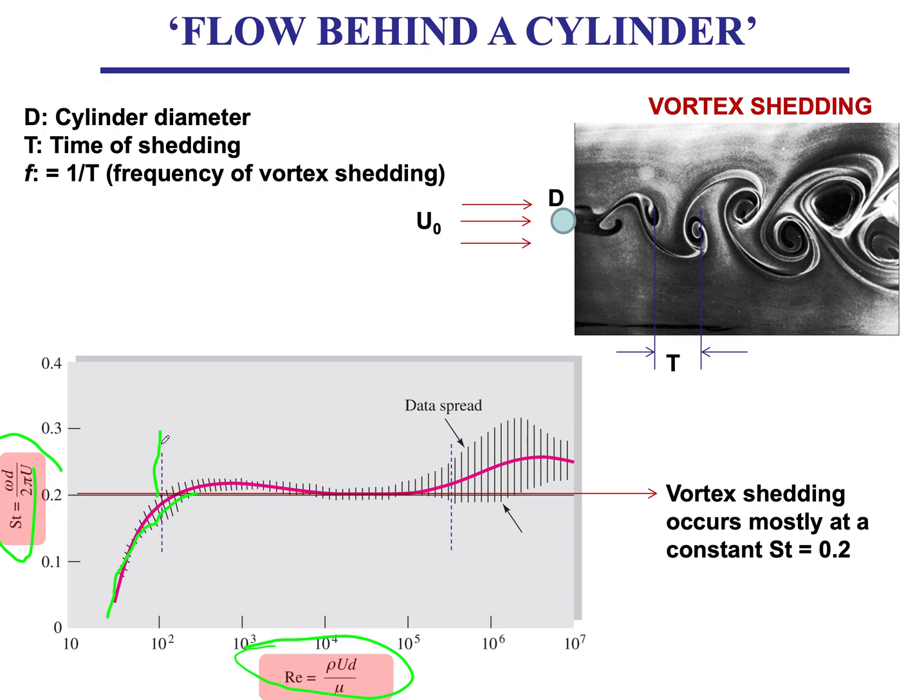But you see, once you get to a Reynolds number of 100, which is pretty much 2 orders of magnitude larger than 1, the effect of inertia is much larger than viscosity. The Strouhal number becomes almost constant, at almost 0.2, and it doesn't vary much. All this holds from a Reynolds number of 100 to maybe 200,000 to 300,000.